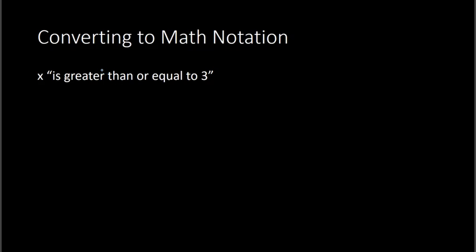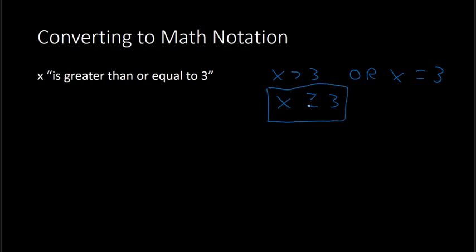Instead of writing out x is greater than 3 or x is equal to 3, we can write this together as one statement. So we write the x and the 3, and we have the greater than sign, and then we don't take the entire equal sign, but we're going to put just one of the lines here and write it like that. So we can express this statement as x with this little symbol in between, and then 3. So this literally means x is greater than 3 or x is equal to 3.